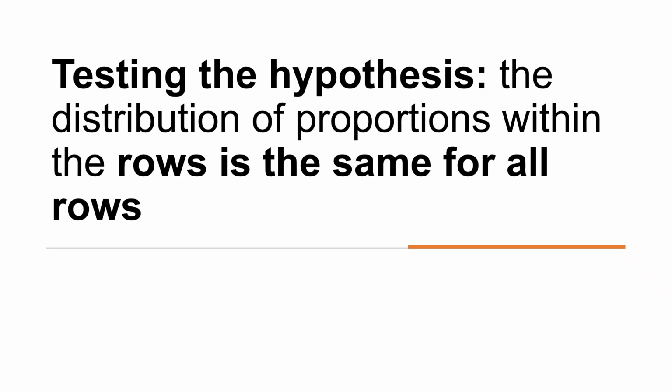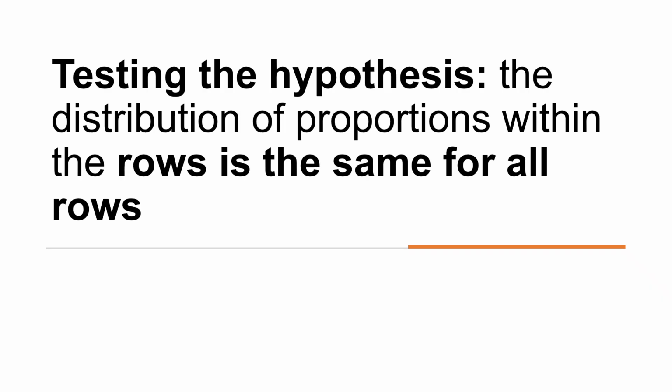The actual testing for independence and homogeneity with contingency tables is the same, but there's a big conceptual difference that is based upon the hypothesis. In the test of homogeneity, we're testing the hypothesis that the distribution of the proportions within the rows is the same for all the rows.